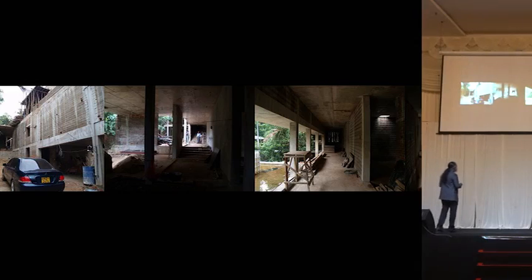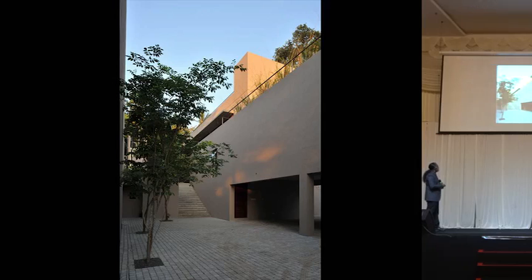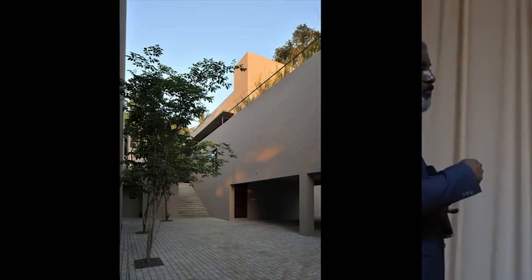These are some of the construction photos where we were working with the carpenter here. I was working with that carpenter during the same period of time, and he's still working for me. And that's how we ended up with the ground floor level. This is the arrival porch.